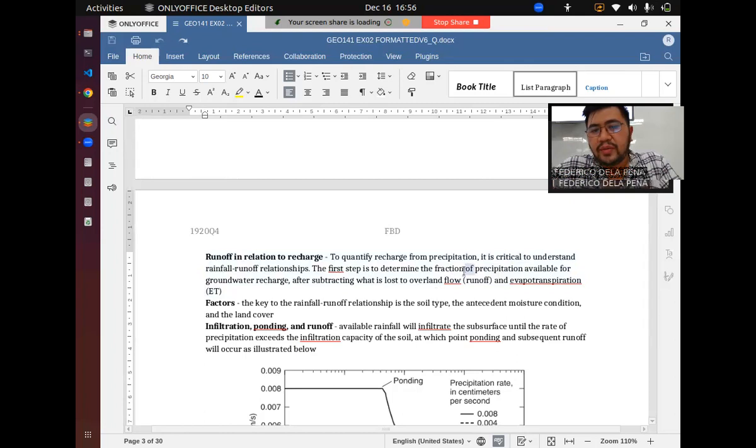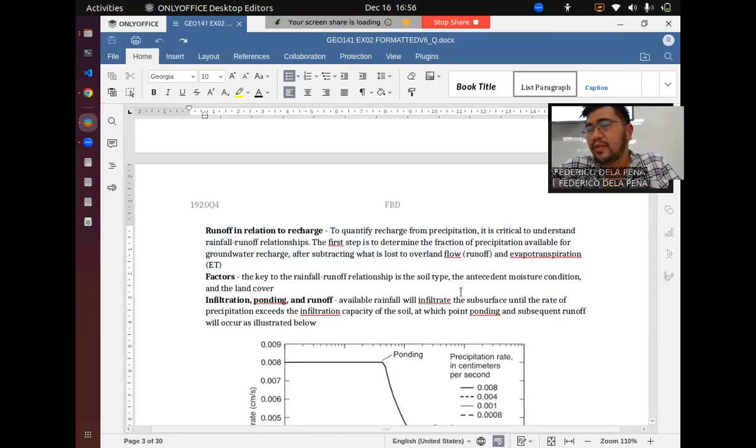So when we were talking about the budget, we were only concerned about the boundaries and the quantities of water at the end of the processes.